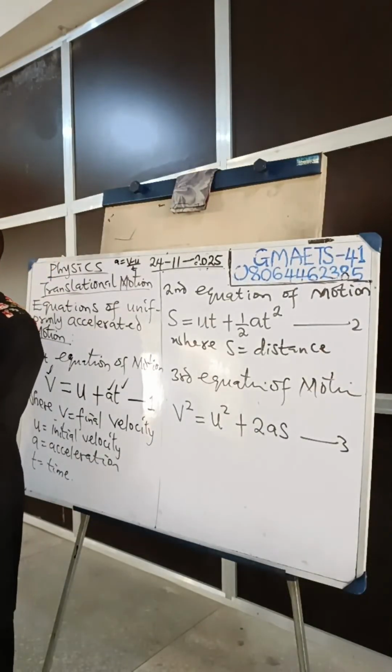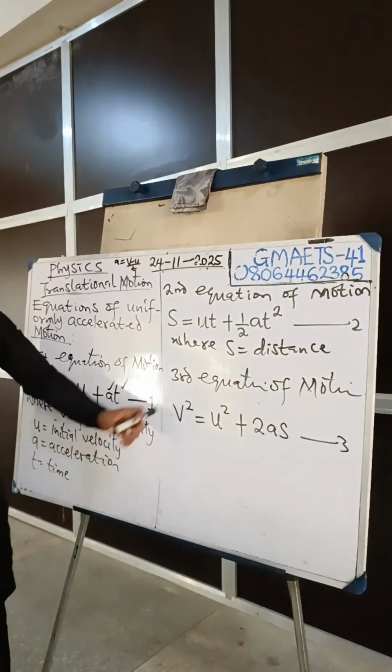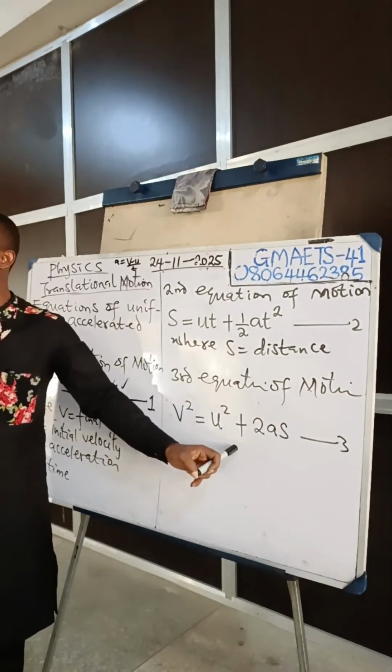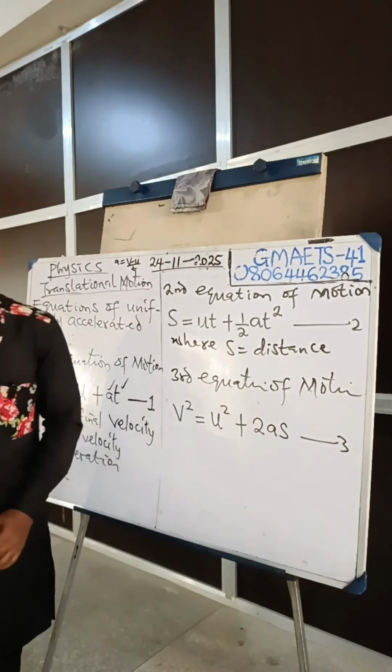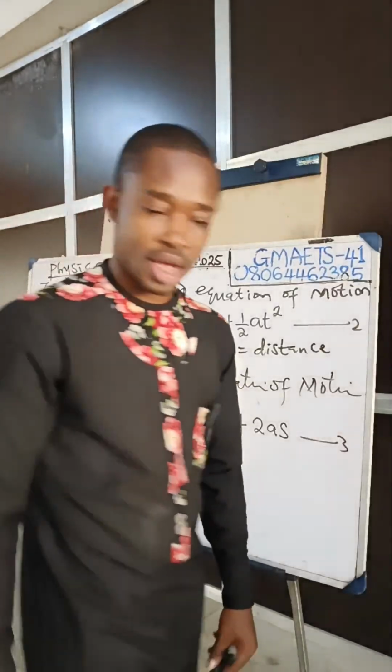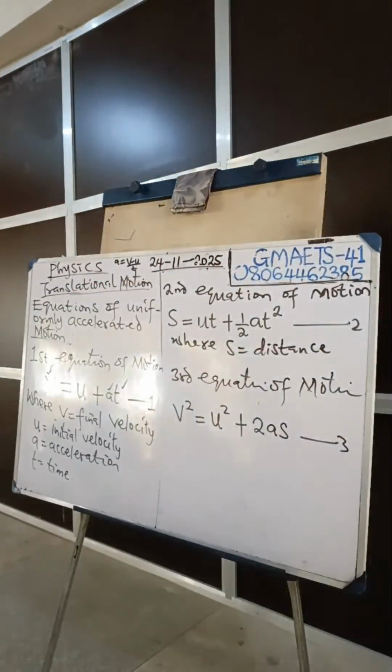V squared equals U squared plus 2 times acceleration times distance S. All the quantities we have there have their usual meaning. Are you getting me right? All the quantities we have there, they make use of their usual what?